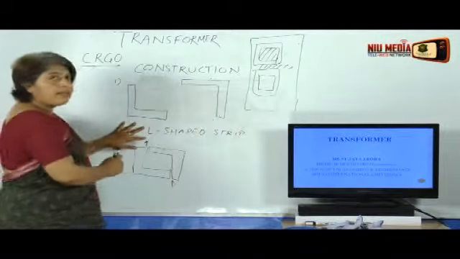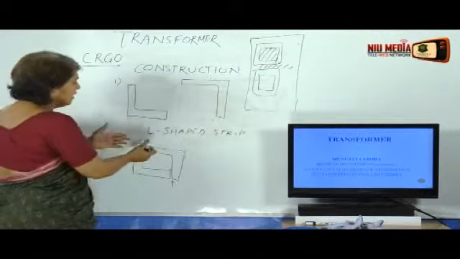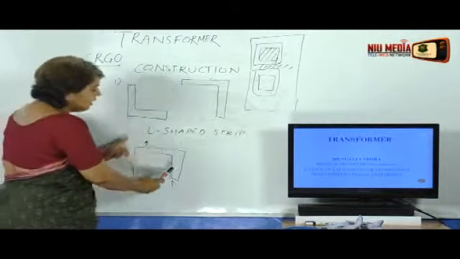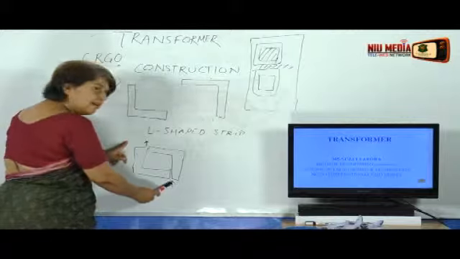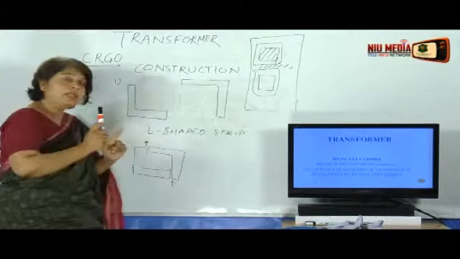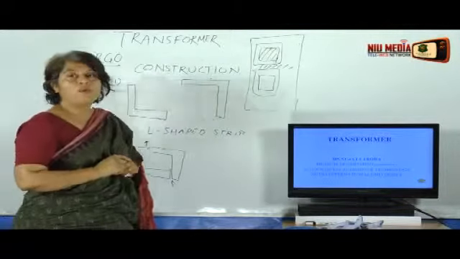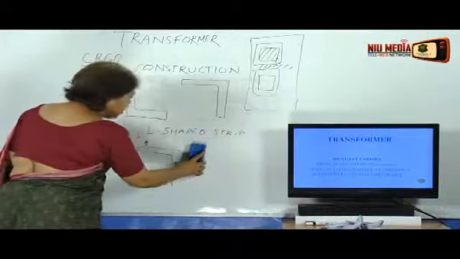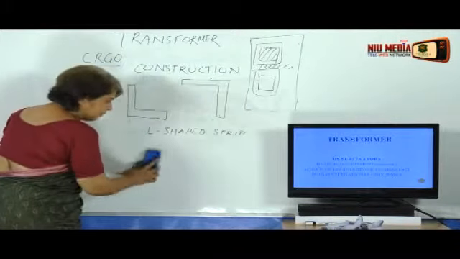from the opposite side. You can see here one joint on the left hand side and another joint on the right hand side. So, these will form one lamination of the transformer core. This is only one lamination.